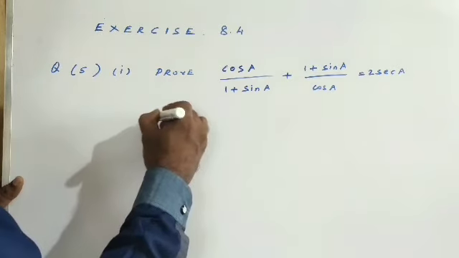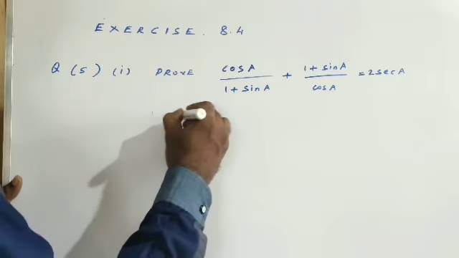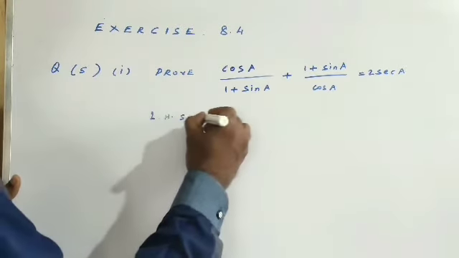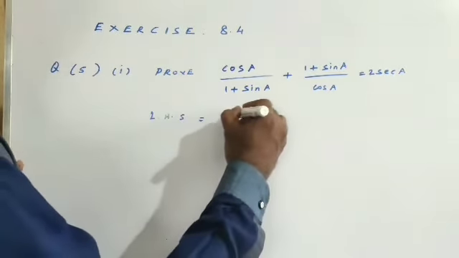First write LHS: cos A divided by 1 plus sin A plus 1 plus sin A divided by cos A. Now the denominators are different.